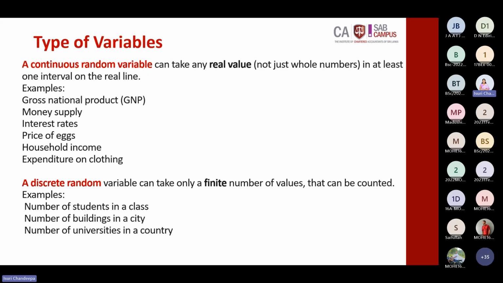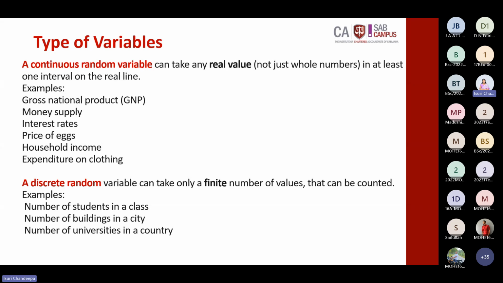GDP, it may be 2.777, likewise. Money supply may be 1 trillion, 1 billion, likewise. Interest rate, it may be 17.5555, likewise. Price of eggs, it may be 45 or 45 and 50 cents.